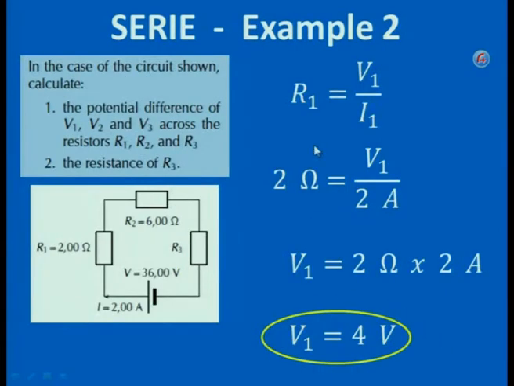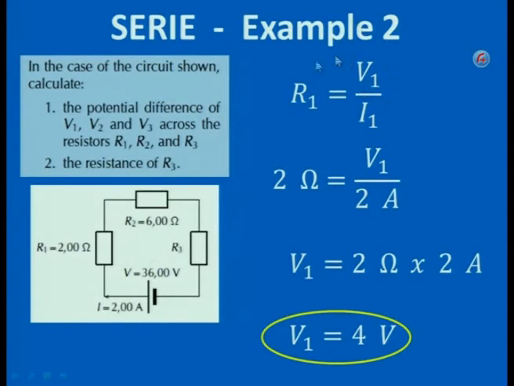Example 2. In the case of the circuit shown, calculate the potential difference of V1, V2, and V3, which are across the resistors R1, R2, and R3. Okay, so they want V1.